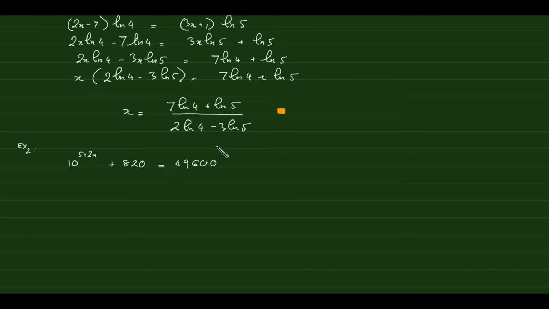Okay, so we're gonna solve for x here. First of all, we're gonna go ahead and subtract both sides by 820, which gives you 48,780.